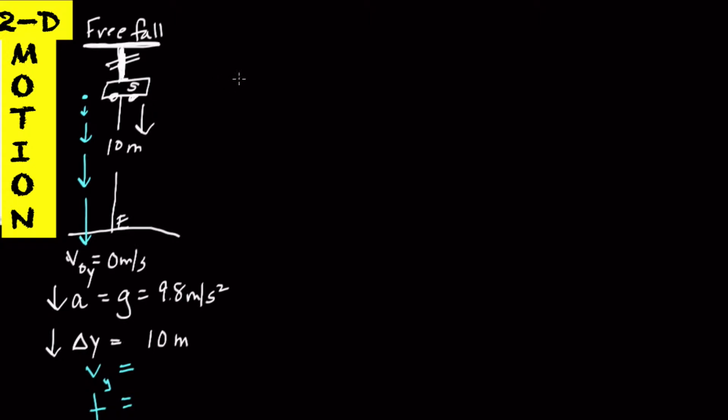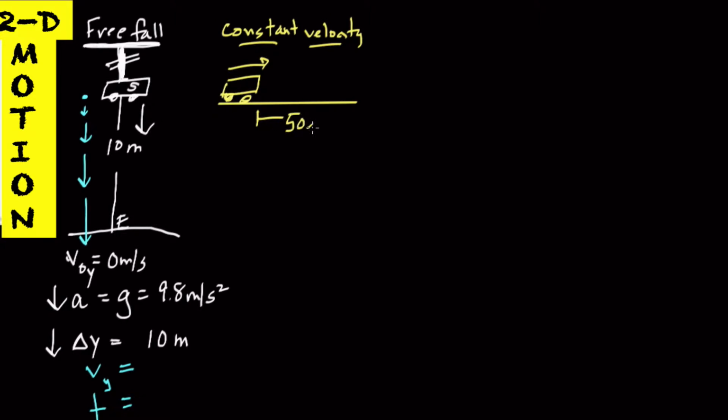Let's look at another type of problem. Let's look at a constant velocity problem. We did these a long time ago, so this should be no problem for you. Let's say that we have a car that is traveling at some velocity along the horizontal, and we know it goes 50 meters.